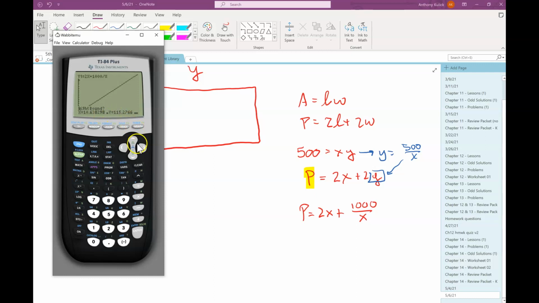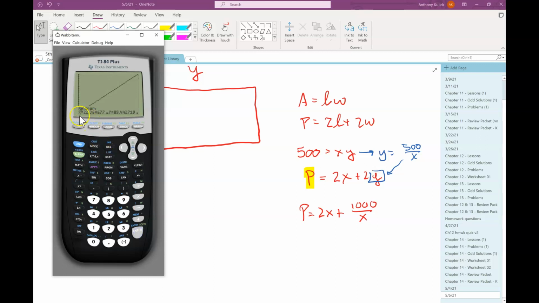Now for the right bound, I'm going to press the right arrow and look at my perimeter. Once that starts getting bigger again, I know that I've gone to the other side of the minimum. Or you could have reshaped your window. That would have been fine too.